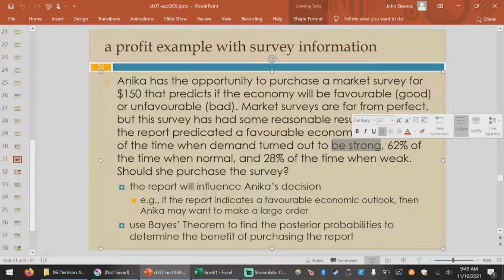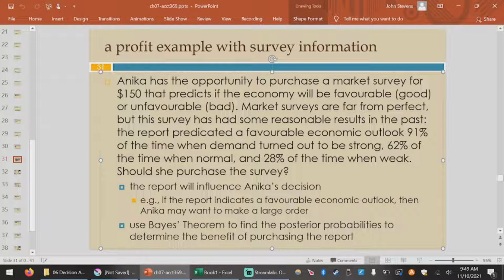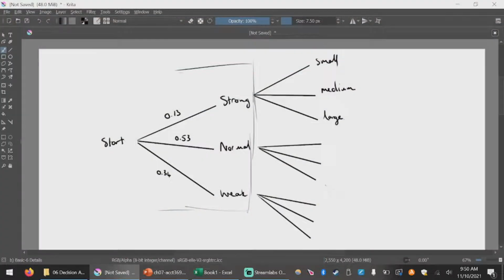So for the probability tree, it makes sense to have the market condition first, which is independent anyway, and then the favorable outcome. Let's draw that and see what it looks like. Let's go down here. So let's draw. This is my start. Not that you have to write start, but I'm going to put it like this.